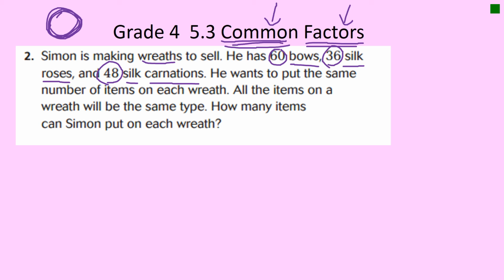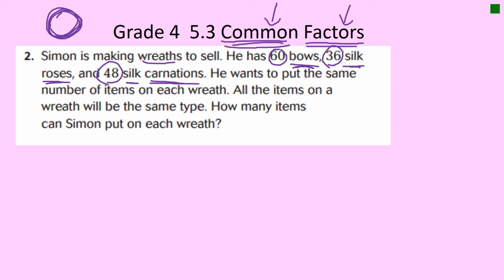He wants to put the same number of items on each wreath, and all the items on a wreath will be the same type. Okay, so he wants to make a wreath that has just bows, or just silk roses, or just silk carnations.